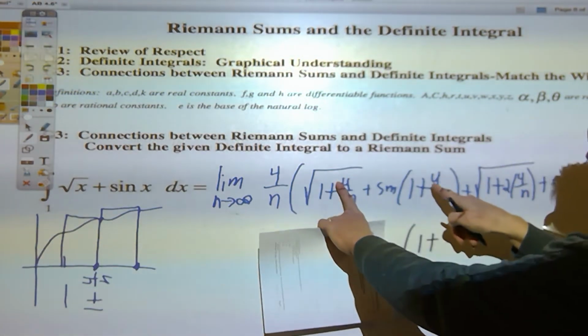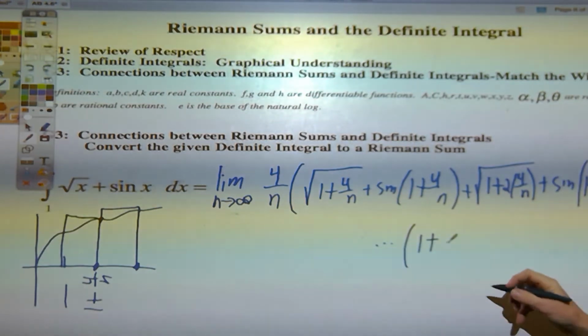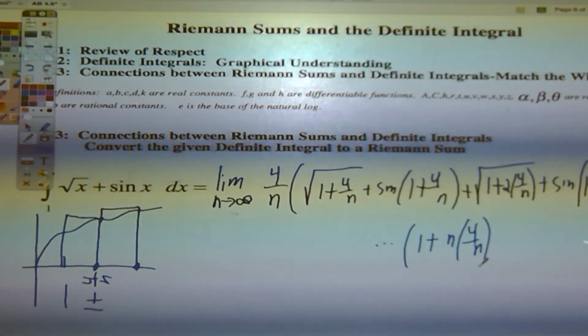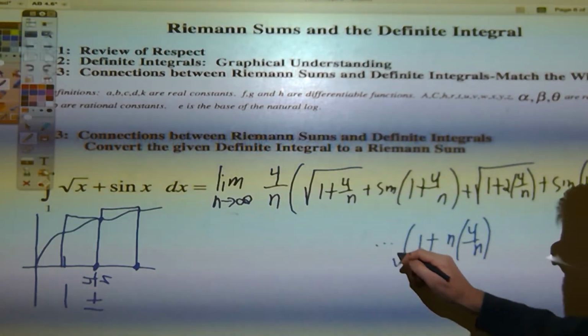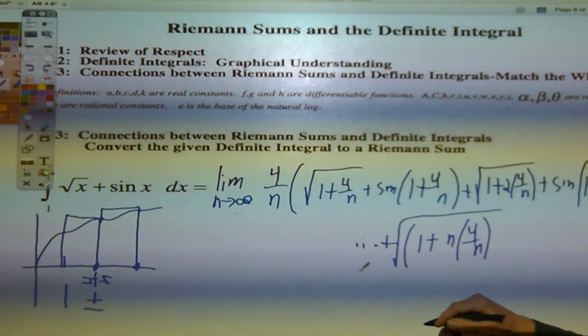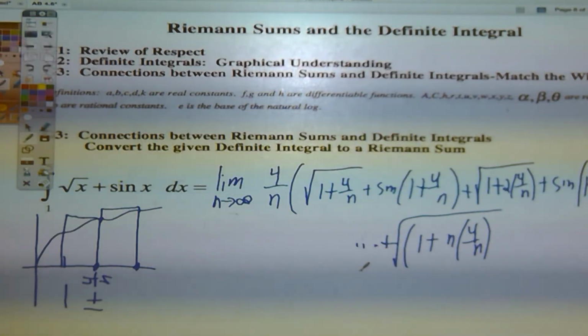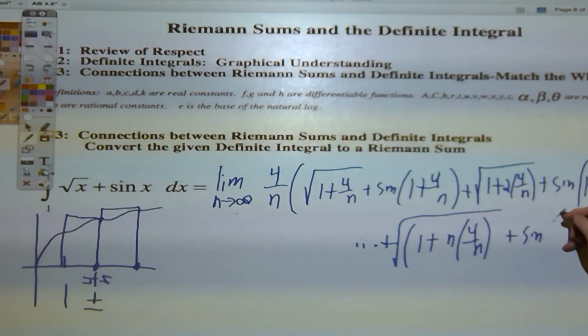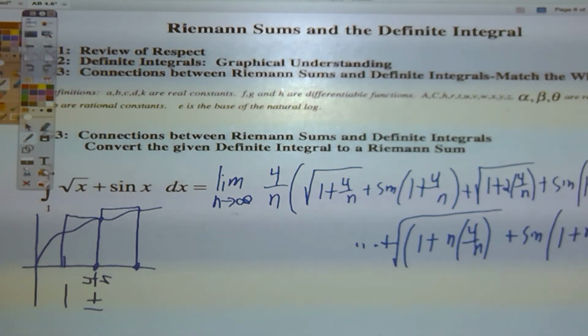The first pair had a 1 out front, the second pair had a 2. This will be n times 4 over n under the square root. Let me put a plus sign out front, dot, dot, dot, plus sign. And then that's plus the sine of 1 plus n times 4 over n.